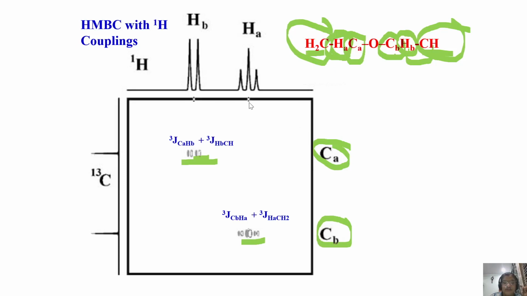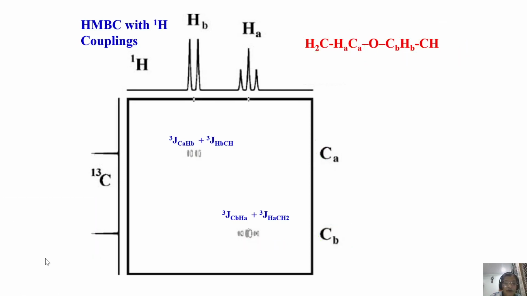Each line of this doublet is split into a triplet. That's what is happening here. Additional splitting because of the long range coupling. In addition to seeing this CB correlation to HA, you are also seeing this HH coupling here. Very clear. Okay? You are all with me.